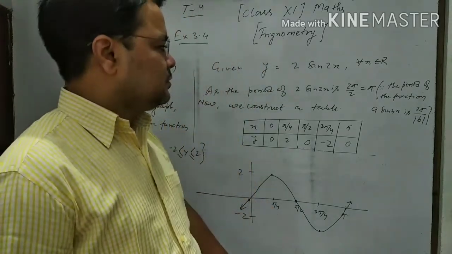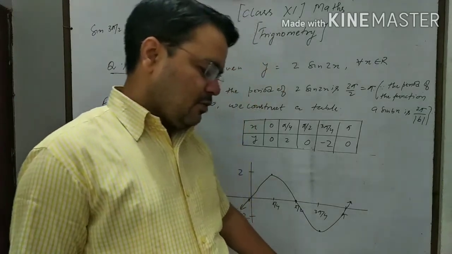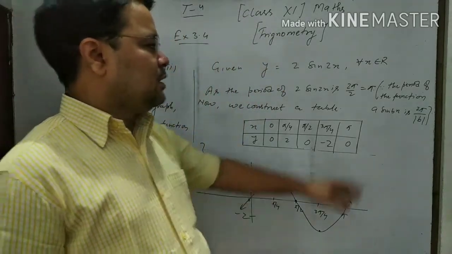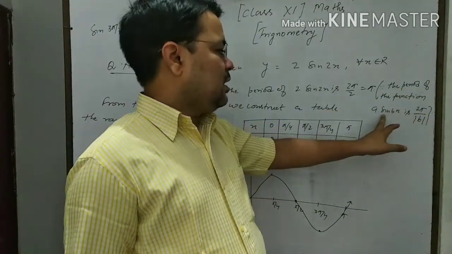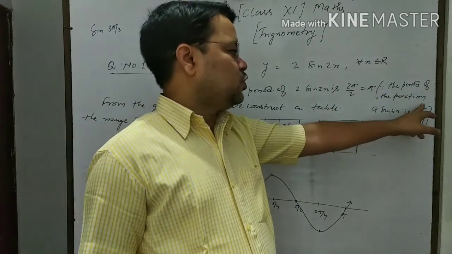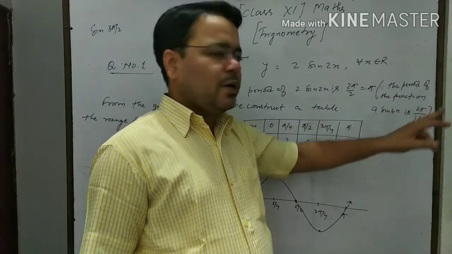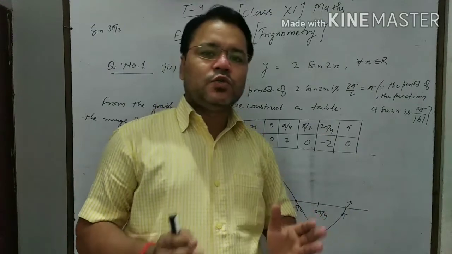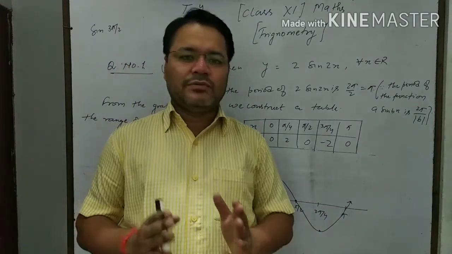Dear student, here on page number A149, one formula is given. The period of the function a sine bx is equal to 2 pi upon modulus b. Here 2 pi is what? We know that 2 pi is the period for sine and cosine function.